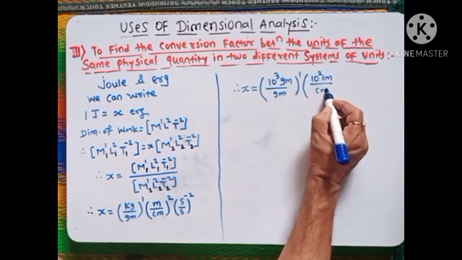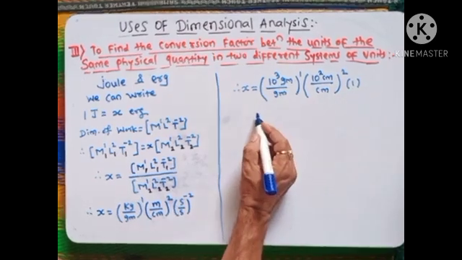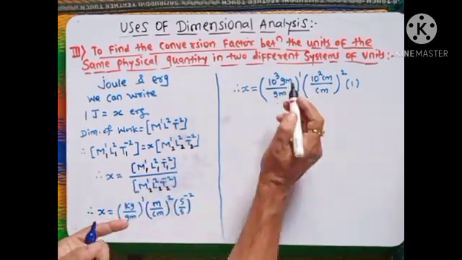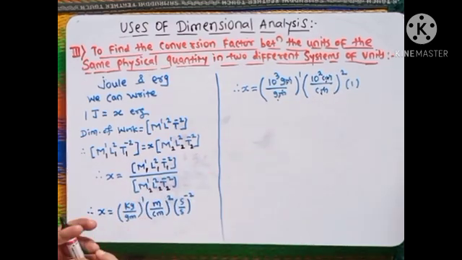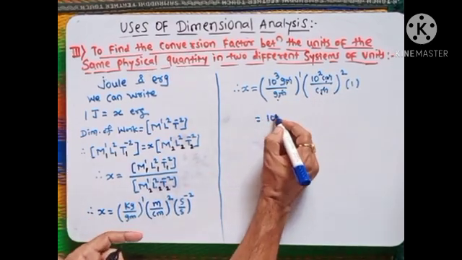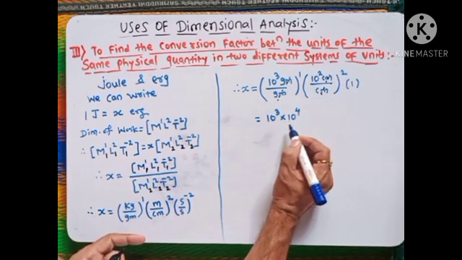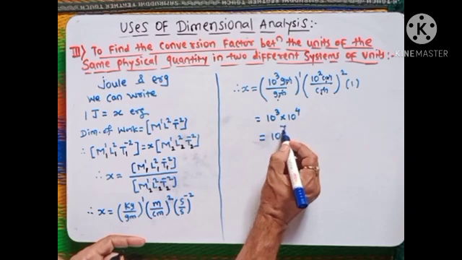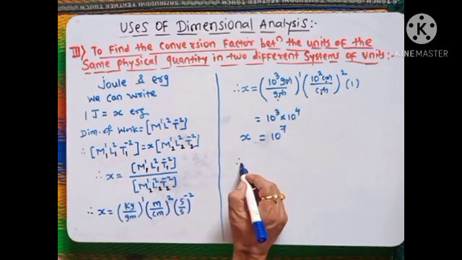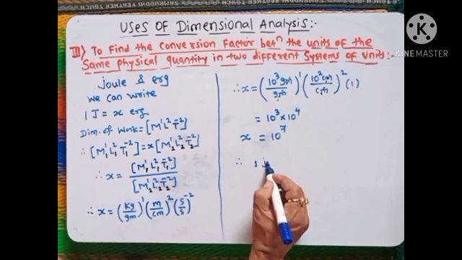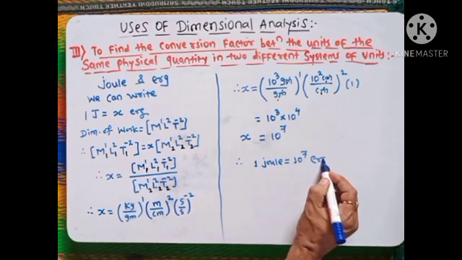Then the gram gets cancelled, the centimeter gets cancelled, and therefore I get 10^3 into (10^2)^2, that means 10^3 times 10^4, or we can write 10^7. x equal to 10^7, and therefore 1 joule equal to 10^7 erg.